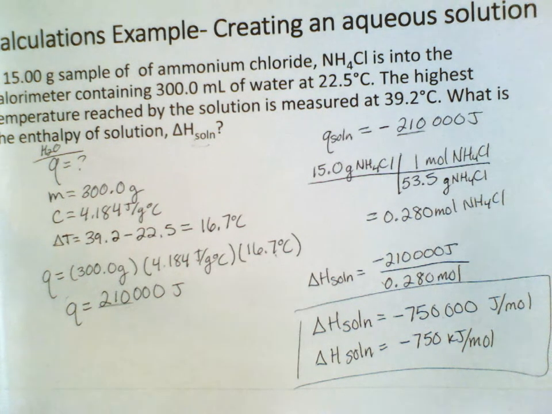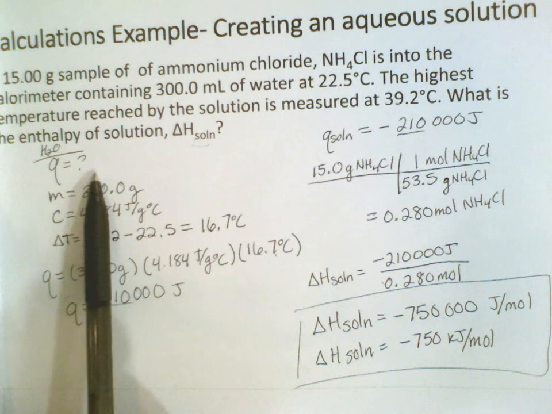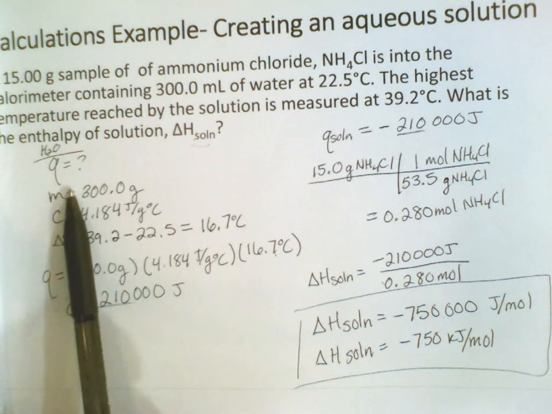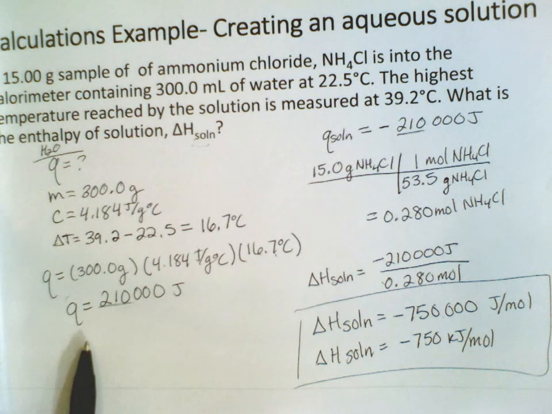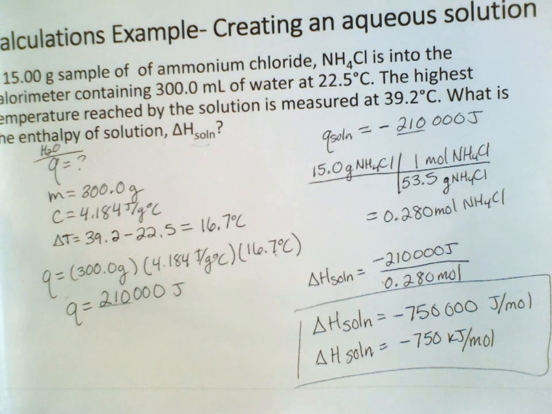So we've got two main types of calculations we can do here. Every single calculation is going to start with Q of your water, and we're going to find that first. Then, depending on the situation, if it's like the first example with a metal, we will use our Q of our water to find our Q of our metal, and then use that specific heat equation again to get to our specific heat of the metal.